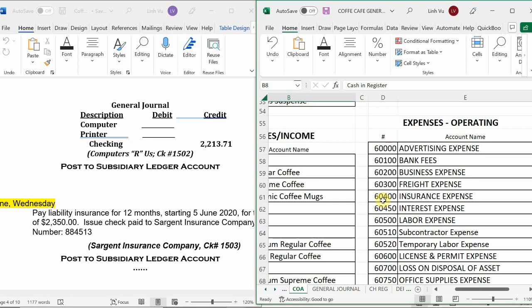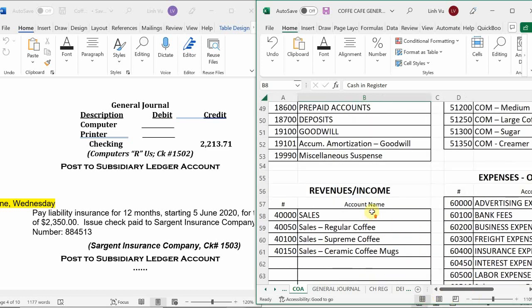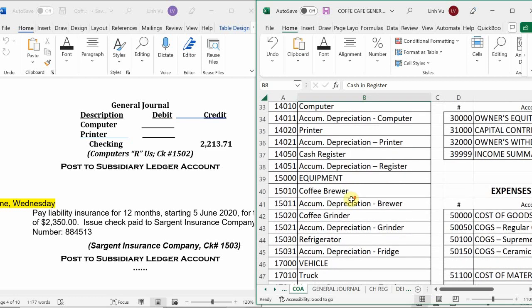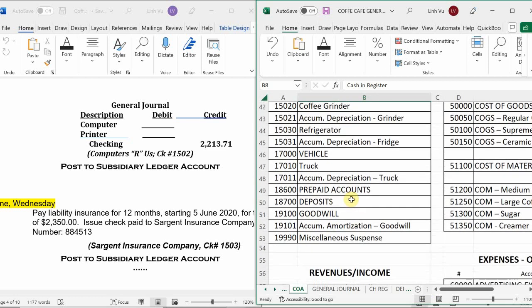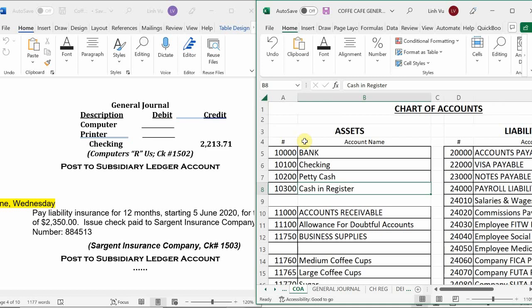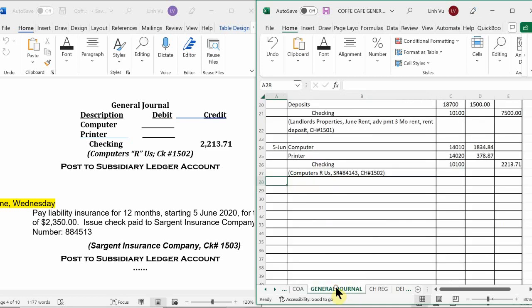So in this case, insurance expenses 6,400, okay? We have prepaid accounts 18,600. And how did we pay for the insurance? We paid with our check, so therefore checking 10,100.